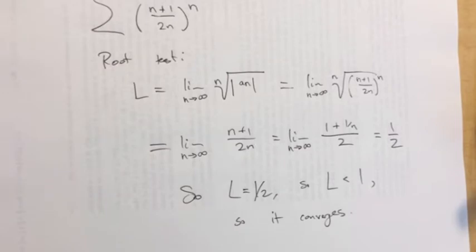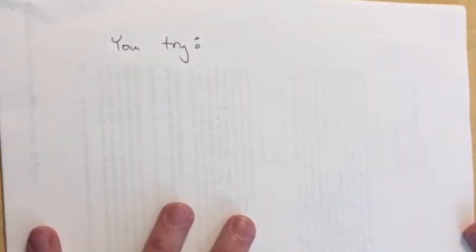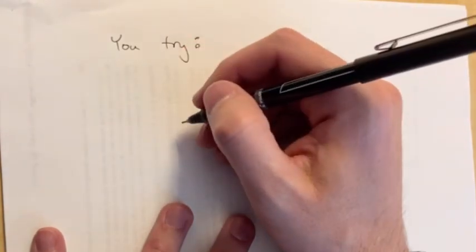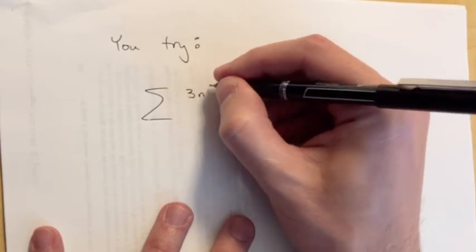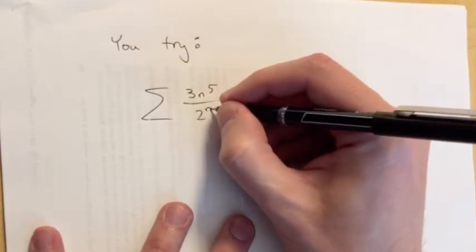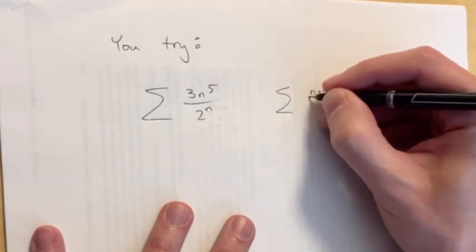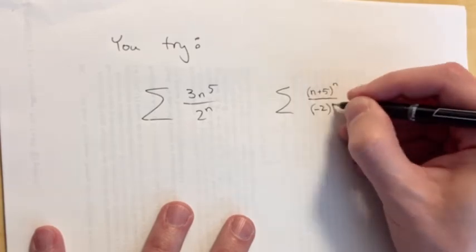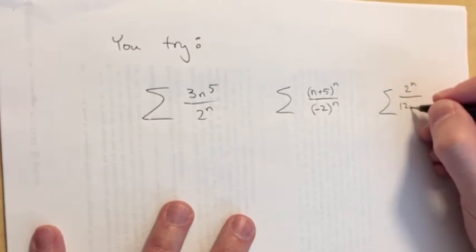I have some for you all to try. You'll see if you understand it or not when you try it yourself. So these ones, I will leave it to you to decide if you should use the ratio test or the root test. Let's try. How about 3n to the 5 over 2 to the power n? How about n plus 5 to the n over negative 2 to the n, and 2 to the n over 12n to the 4.